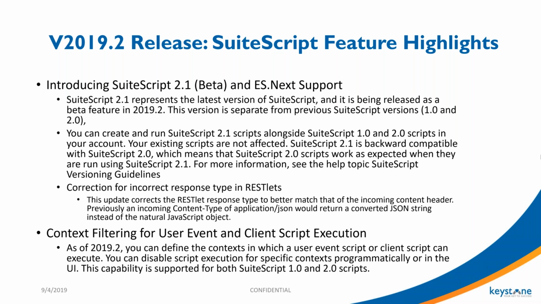Next up we have context filtering for user event and client script execution. That level of filtering used to only be available within the script itself. You could check the execution context and change how your code was behaving within the code. Now on the deployment record, there will be a new tab where you can specify the execution types in which 1.0 and 2.0 scripts will be running.